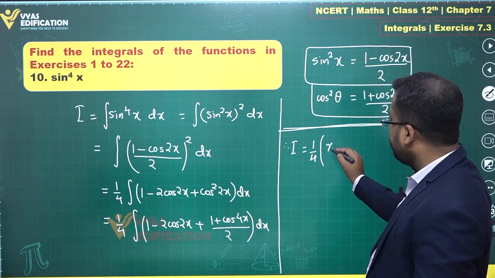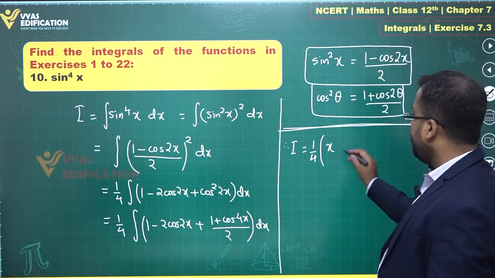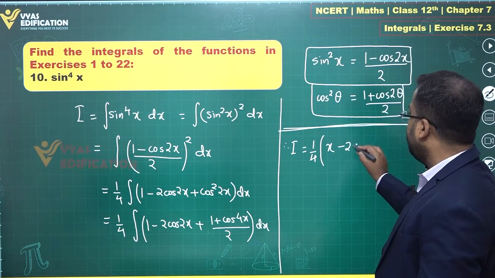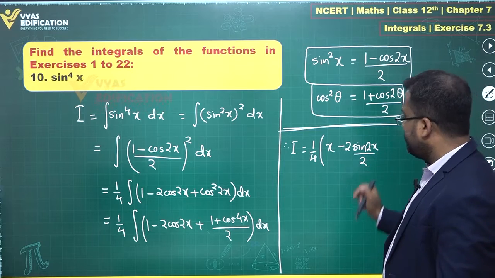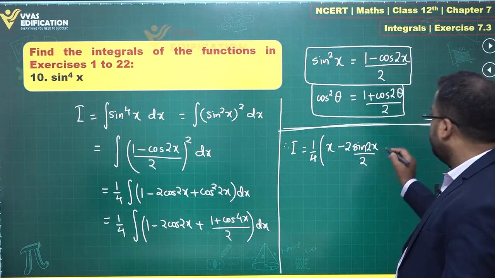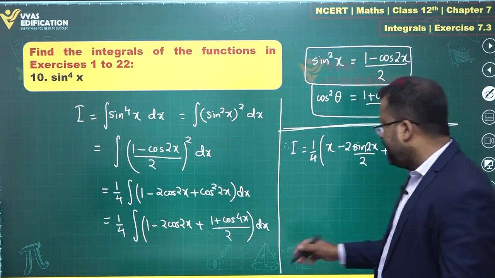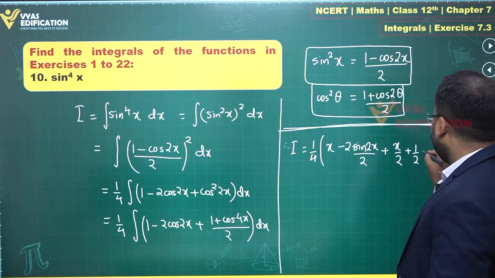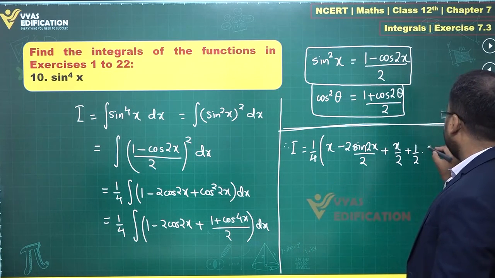The integral of 1 is simply x with respect to x. Minus 2 is okay. The integral of cos 2x will be sin 2x, and you have a 2 in the denominator because of this 2x. Plus you have 1 by 2, this becomes x by 2. Plus you have a 1 by 2 already there, and you want to integrate cos 4x. The integral of cos 4x will be sin 4x upon 4.